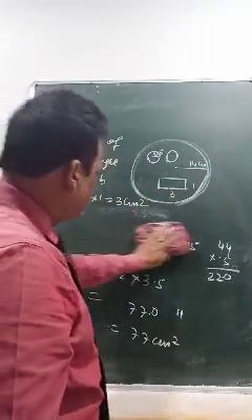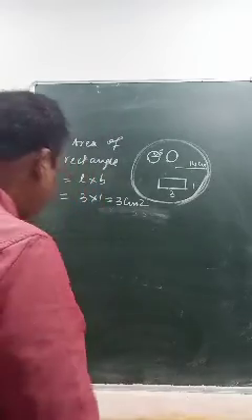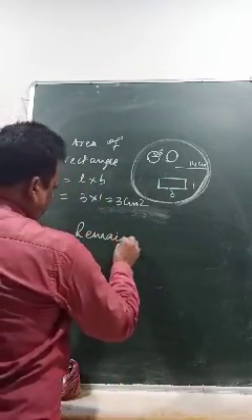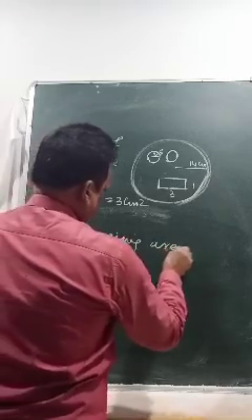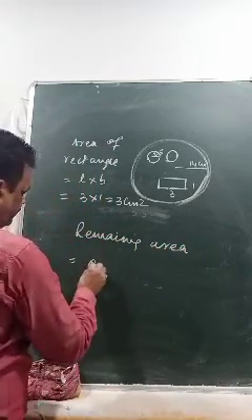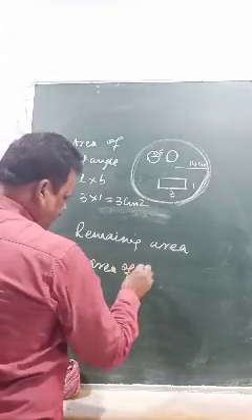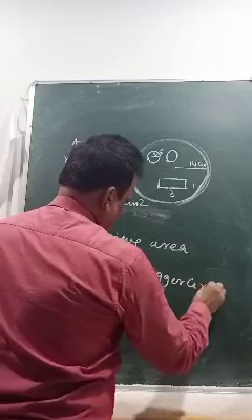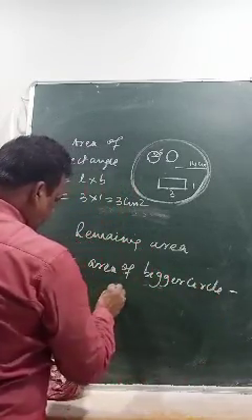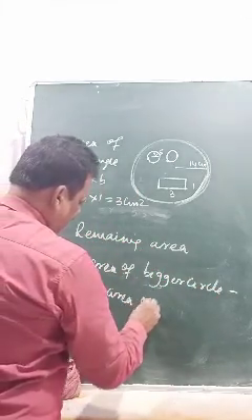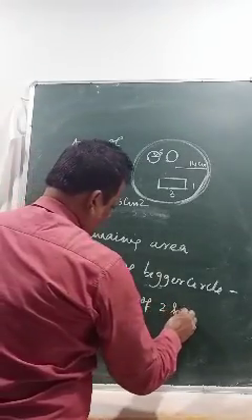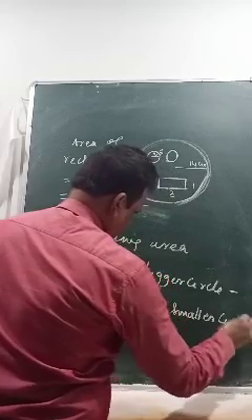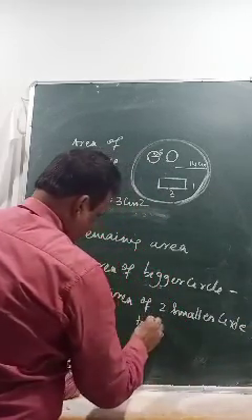So remaining area equals to area of bigger circle minus area of two smaller circle plus rectangle.